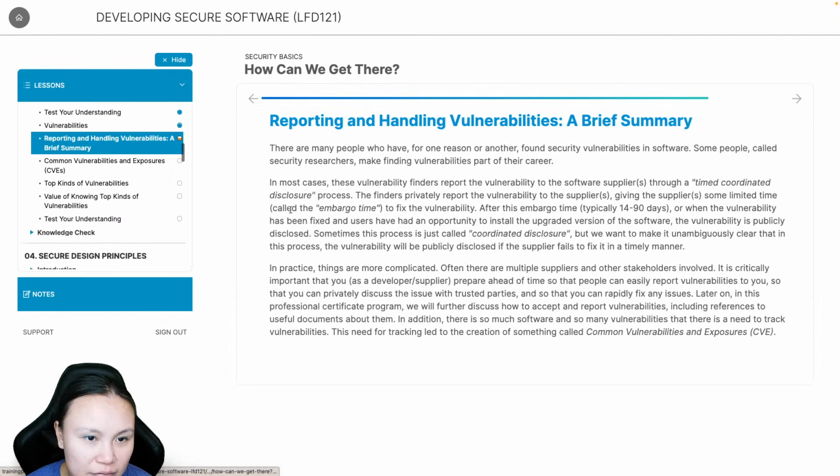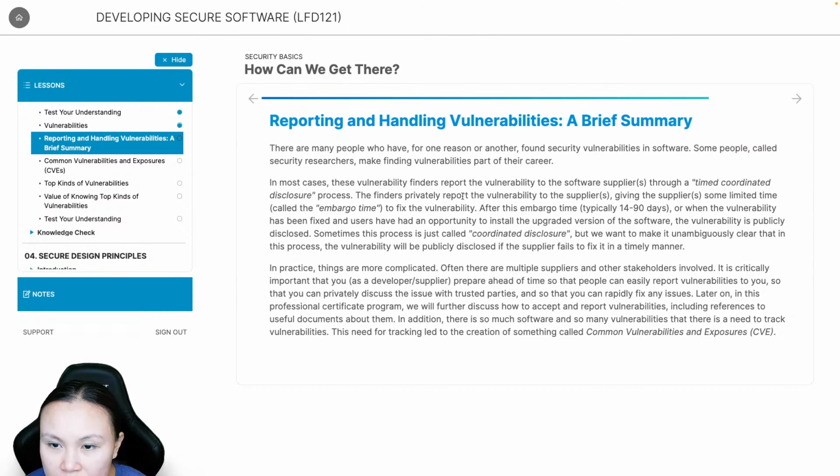Okay, what should we do with vulnerabilities? Reporting and handling vulnerabilities. There are people who found security vulnerabilities in software, security researchers. They reported them to the software supplier through a timed coordinated disclosure process.